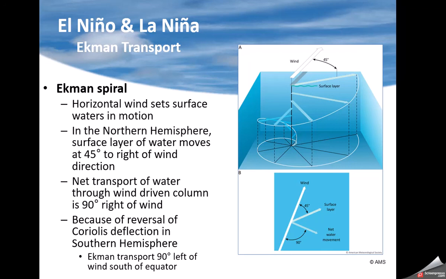And when it does that, that water down on the bottom ocean floor is going to come up the slope and replace the water that was on top. And there have been times I've watched the temperatures in the Outer Banks go from 80 degrees to the next day in the 50s, all because of things called the Ekman spiral.